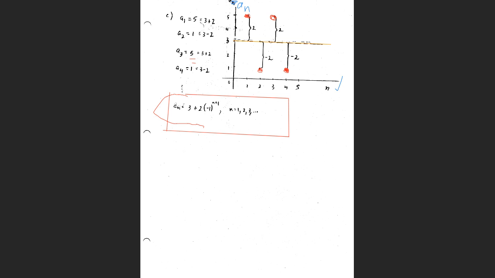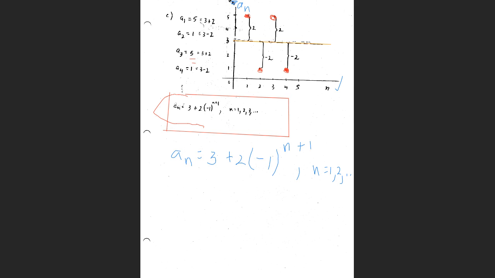A sub n equals 3 plus 2 times negative 1 to the n plus first power. Okay, A sub n is equal to 3 plus 2, but sometimes the 2 is positive, sometimes it's negative, so we put a negative 1, but not to the n power, n plus 1 power, where n equals 1, 2, and so forth.